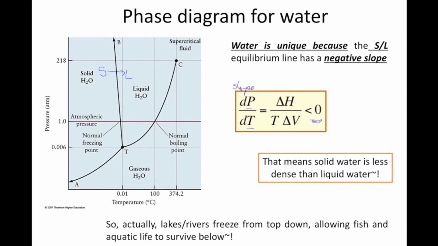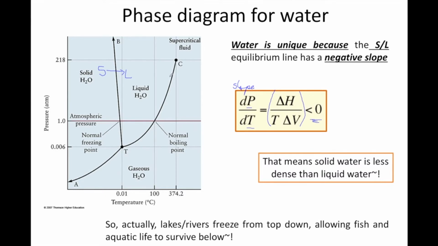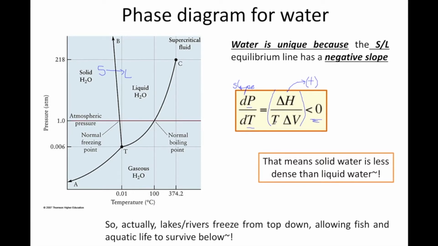Now, I'm not going to tell you how to derive this expression, but for the purpose of our explanation, it's actually coming from thermodynamics. Now, we know that this transition, solid to liquid, is an endothermic process. So this is going to be positive.